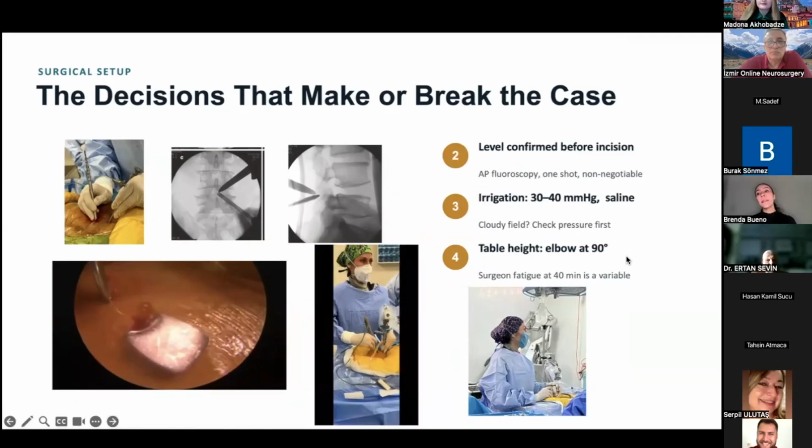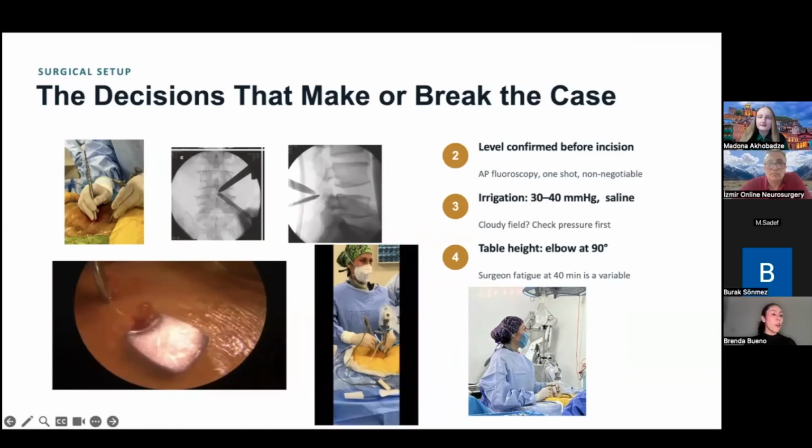Another thing that maybe we don't give importance to is the ergonomics for the surgeon. You need to put your table at 80, you work with the elbow at 90 degrees and your shoulders relaxed, because fatigue for the surgeon starts at almost 40 minutes, though it is variable.